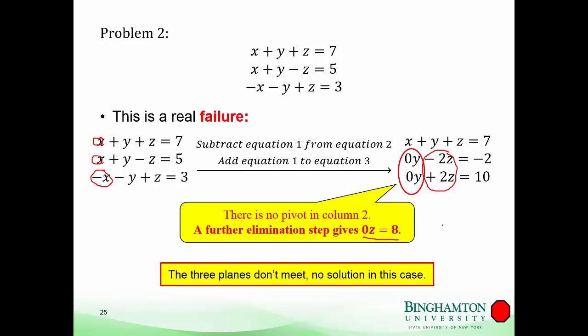If you need to exchange the order of equations to deal with 0 pivots, if that's an option, you certainly need to do that. But there are times when you cannot avoid the failures, and when you do have a real failure, you can end up either having no solution whatsoever or infinitely many solutions. And so you need to be able to identify when those situations occur.